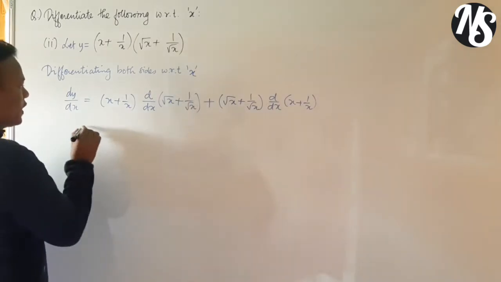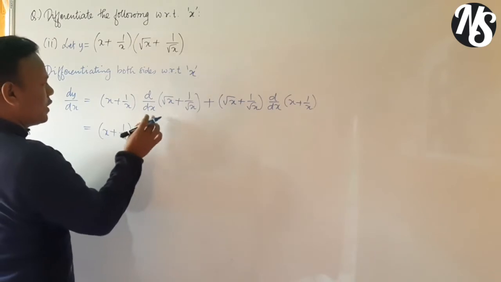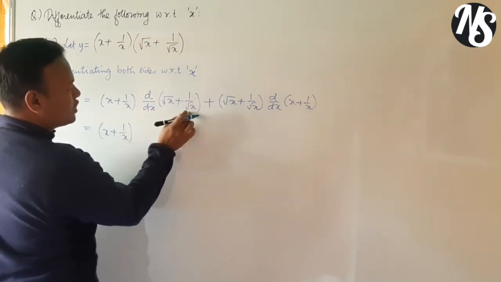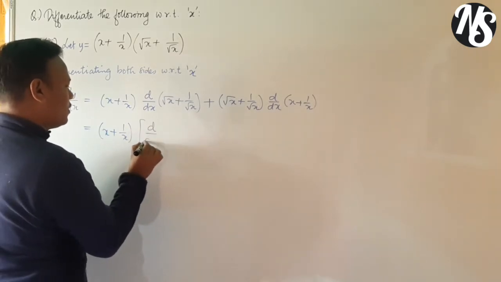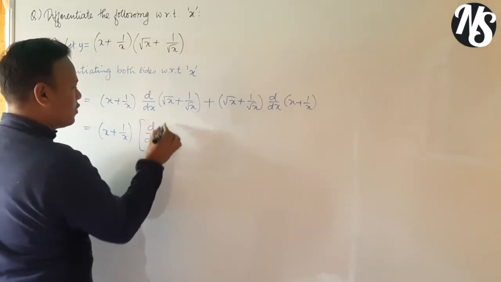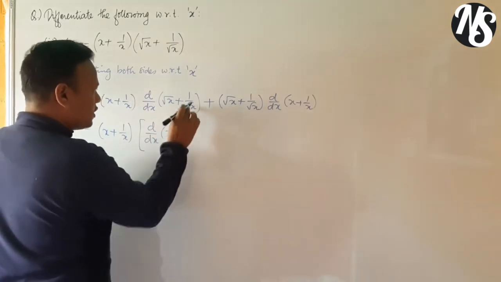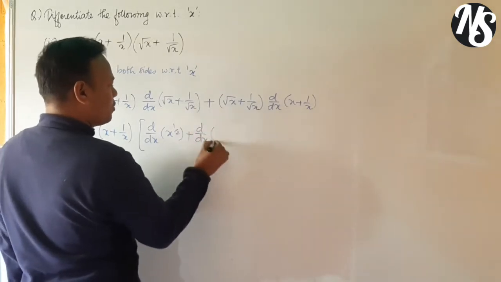Okay, now as you know, let me keep it as it is for now. Now you know that this is like my fx now. So this is my fx plus gx. Now again you can do one thing. So you can write this as d by dx of root x, which is x to the power half, plus d by dx of 1 by root x. So what is 1 by root x actually?